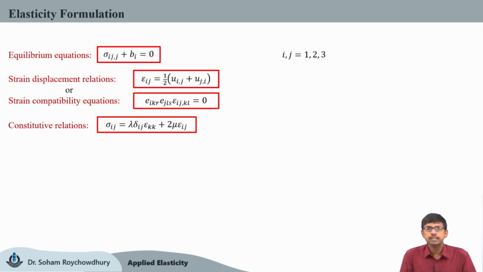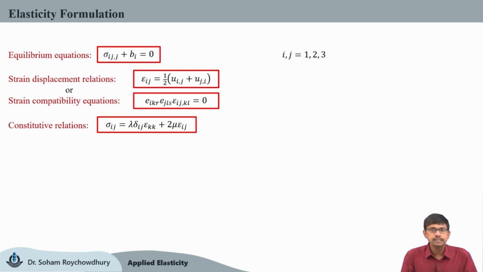The constitutive relations relate the stress components with the strain components, and this form of constitutive relations is valid only for homogeneous linear elastic isotropic solids involving two material constants lambda and mu. They are known as Lamé constants.